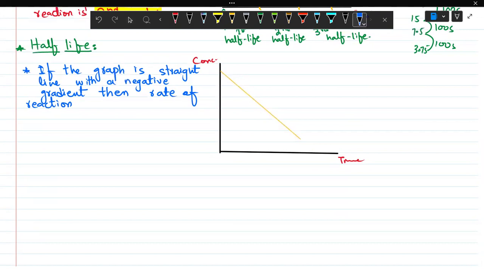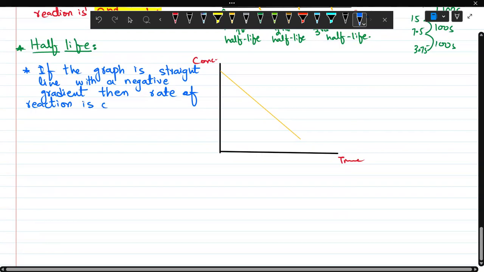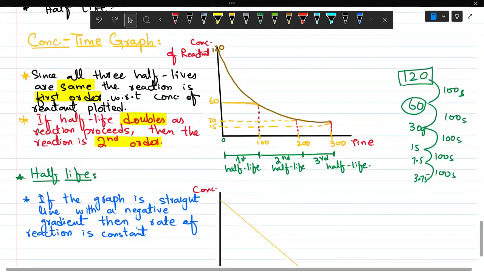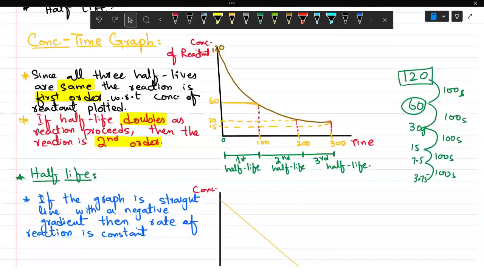So if the graph is a straight line with a negative gradient, then the rate of reaction is constant. Do we have a constant rate of reaction in this curve? No. How do you know that?